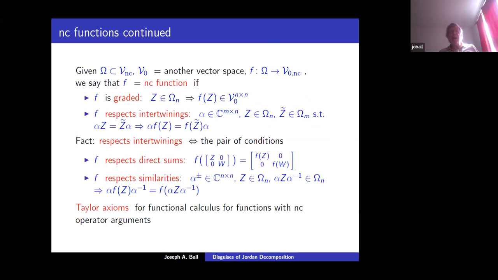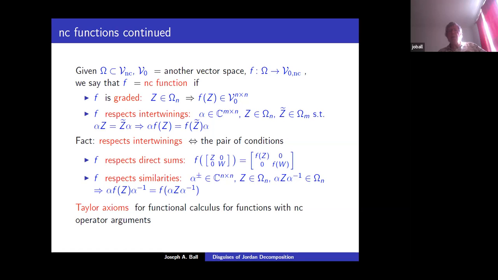So if you're at level n in the domain, you're at level n in the range. An n by n matrix over V in the domain, that's omega n, must map to an n by n matrix over V naught. It respects intertwinings.